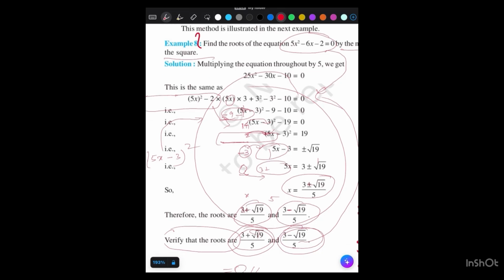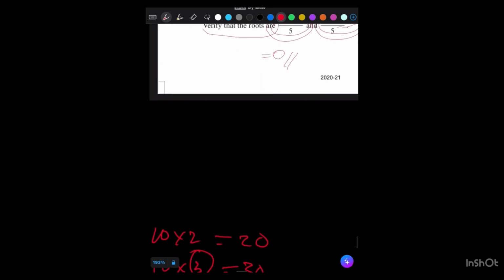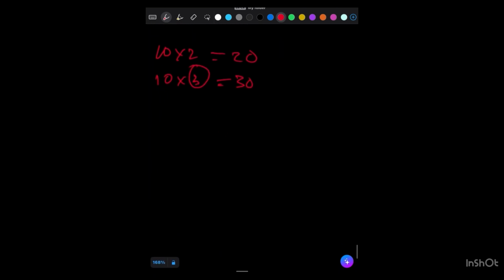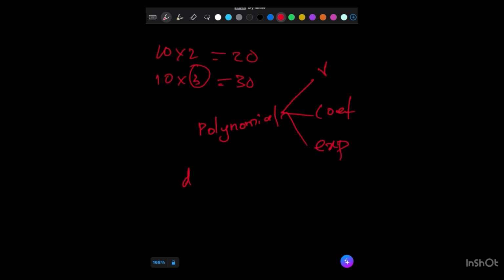So what have we seen in the video? We know what is a polynomial. Then while explaining polynomial, we know what is variable, what is coefficient, and what is exponent, right? Then what is degree?